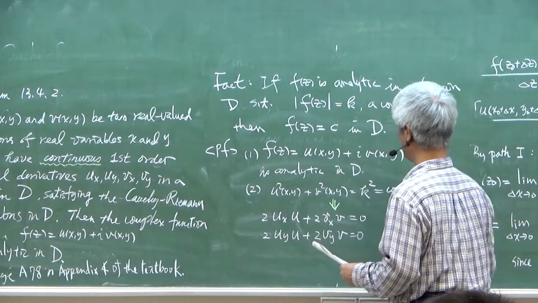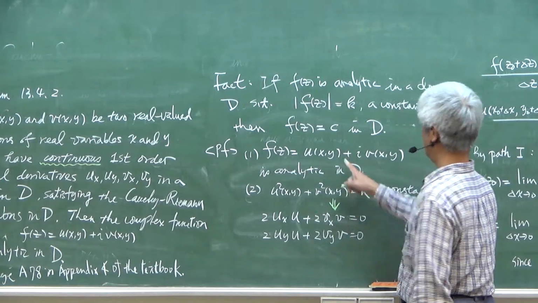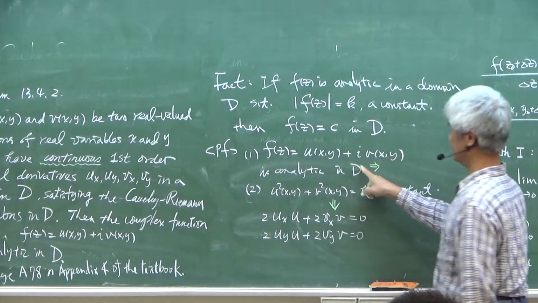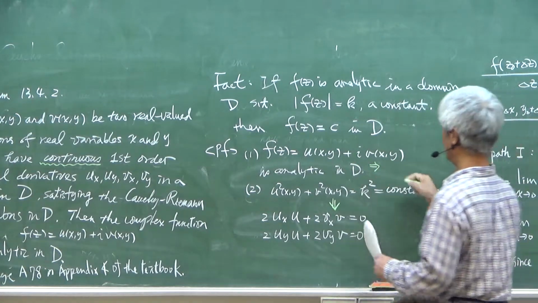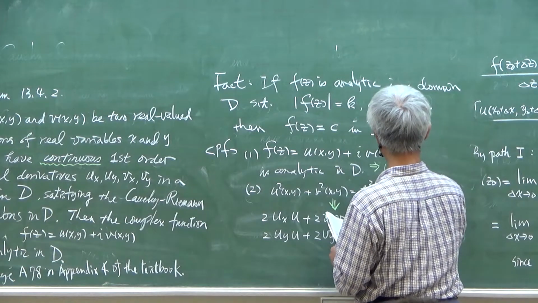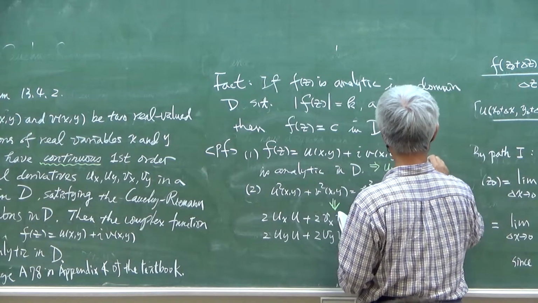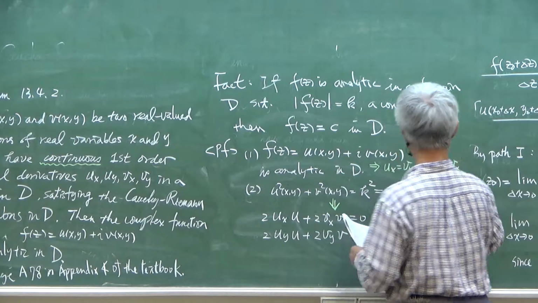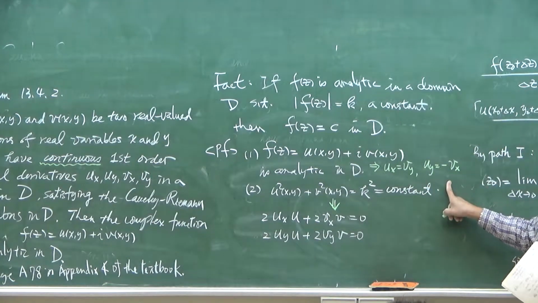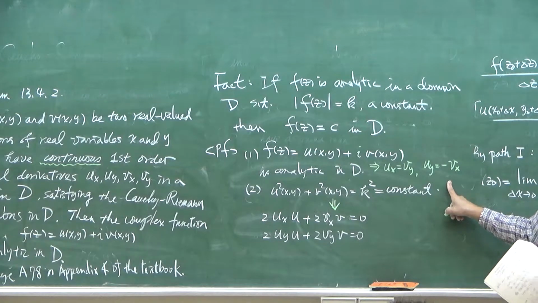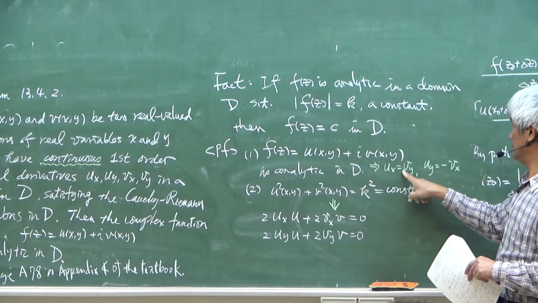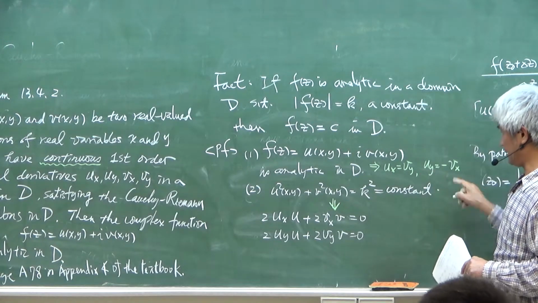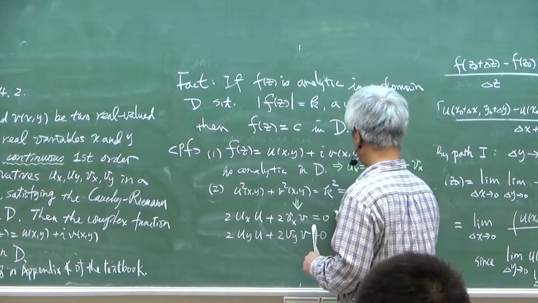Now, because it's analytic in D, we know that ux is equal to vy, and uy is equal to minus vx. These are the Cauchy-Riemann equations.